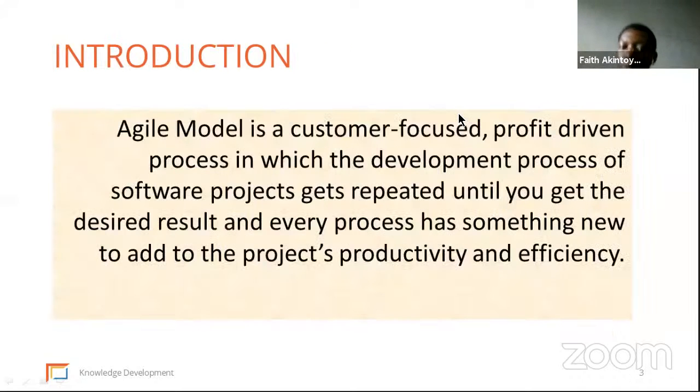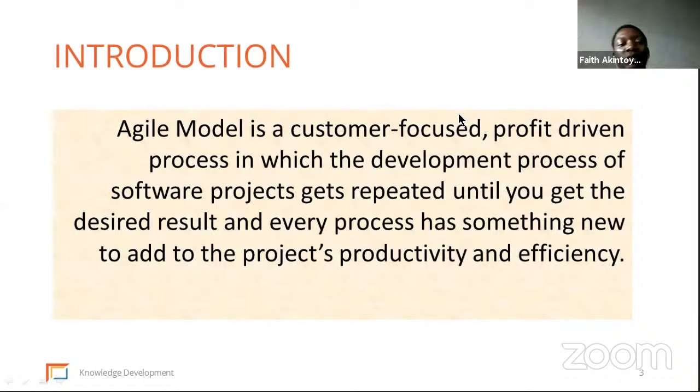Now the agile model is a customer focused, profit driven process in which, when working on software projects, the process of development keeps going on and on again and again until the project reaches its desired state.